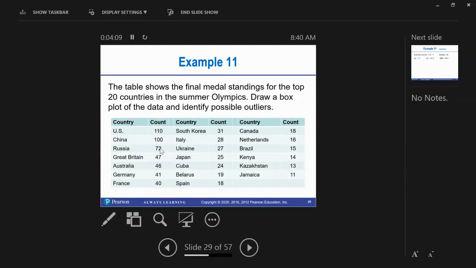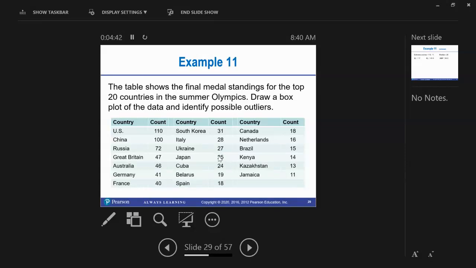I want to count out 10 and look at the 10th and 11th, which would be 27 and 25, and find that average. If 27 and 25 are the middle points, what's the median? 26. Okay, so the median is going to be 26.